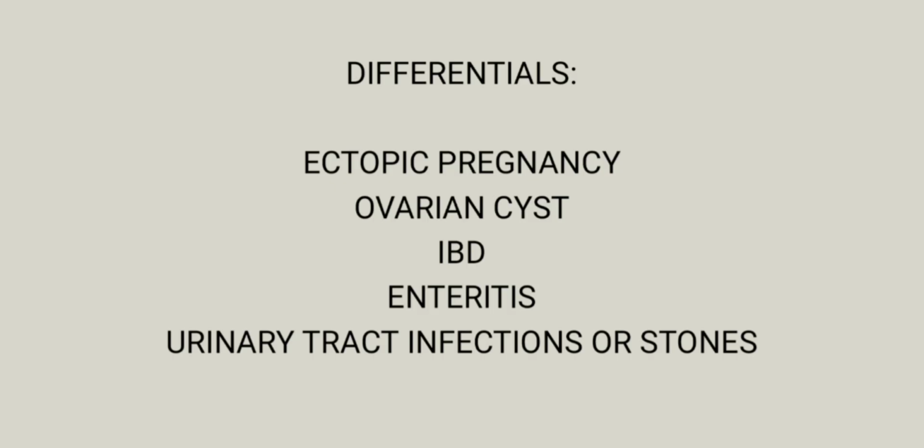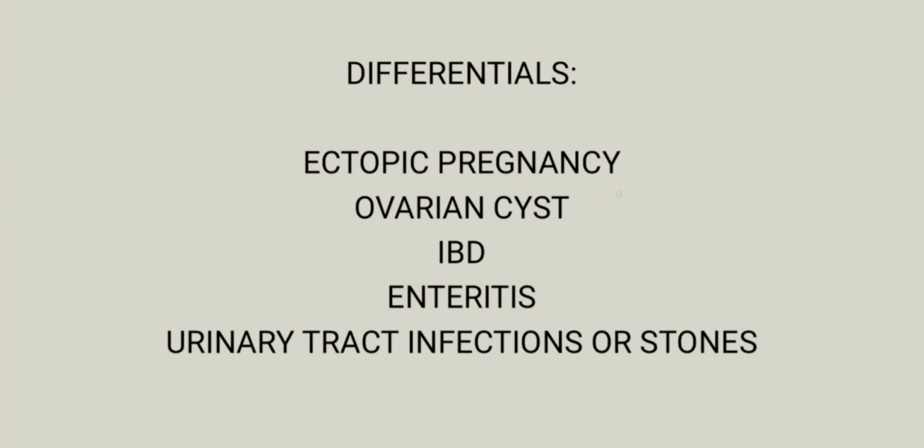These differentials, the most important, especially in females, would be ectopic pregnancy and ovarian cysts and their complications. Ectopic pregnancy can be ruled out with a pregnancy test, and ovarian cysts will be shown on ultrasound or other imaging.